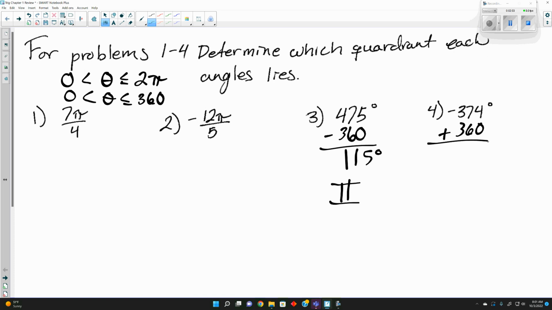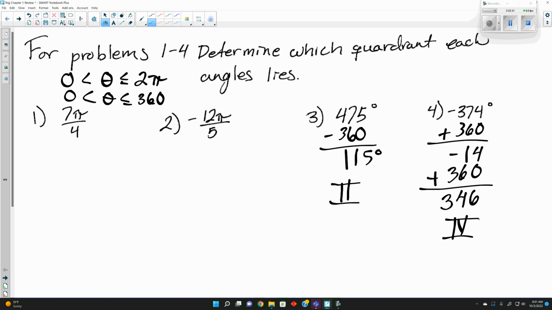And if we add 360 to it, well, we'll get negative 14 degrees. So we can add it again, which gives us 346 degrees, which is in the fourth quadrant. Questions on any of this here?